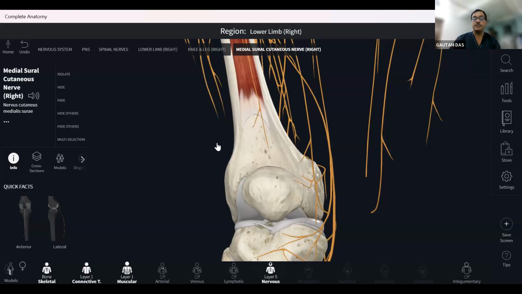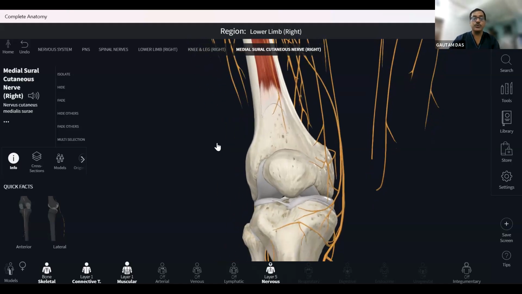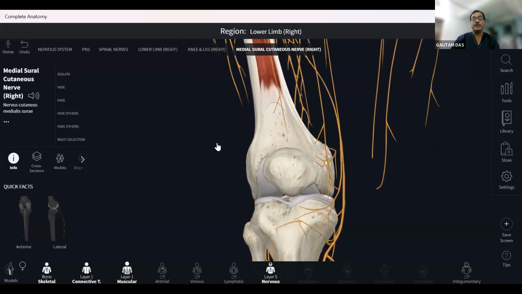So these are the nerves from the medial side. What are the nerves from the lateral side? One of the nerves, as we know, is the superior lateral genicular nerve. But again, the nerve to the vastus lateralis also contributes to the joint, but it is very difficult to identify by ultrasound or any means, and frequently it gets missed.